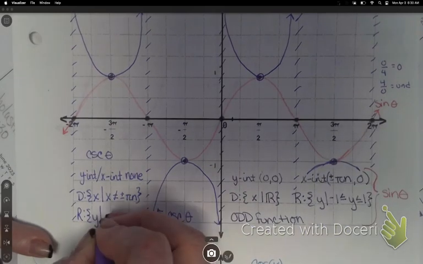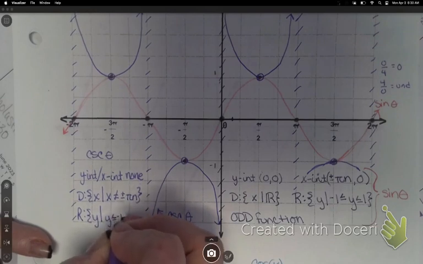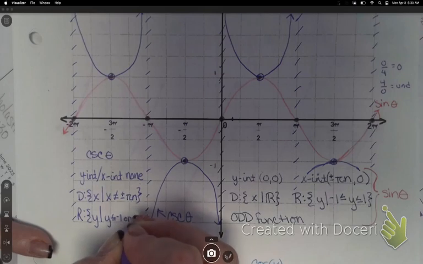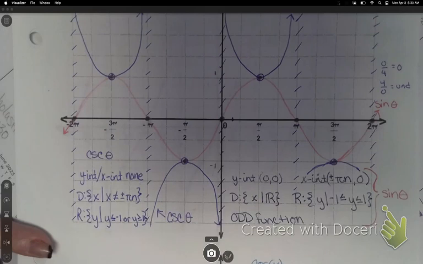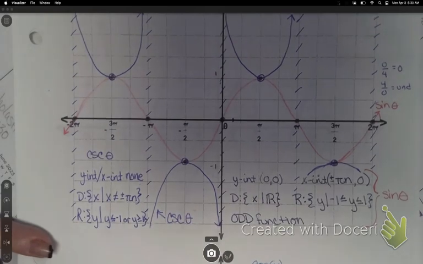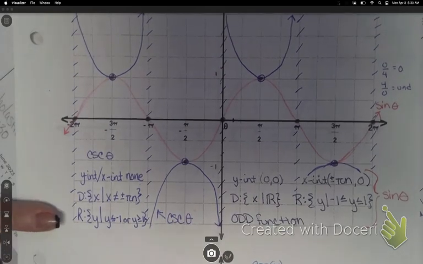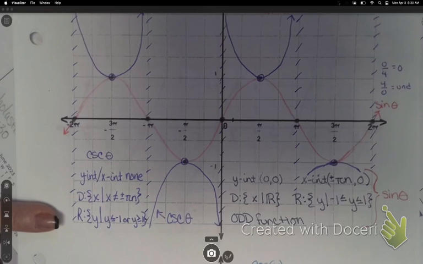So will you just say y is less than or equal to -1 or y is greater than or equal to 1? Is it continuous? No, it has asymptotes in it. It's not continuous.